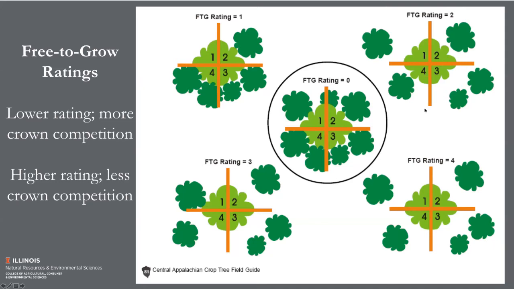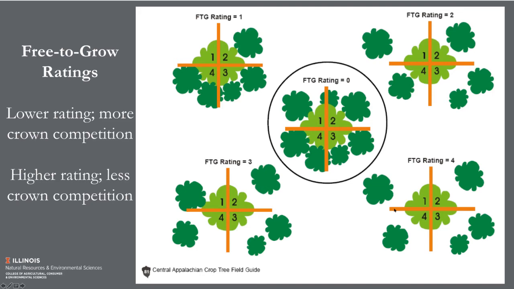In the upper right is a free to grow rating of 2. And that means that for that particular crop tree, we have to kill the trees in quadrant 2 and in quadrant 4. And it goes to basically a free to grow rating of 3. That means on 3 sides of the crown, we do not have direct competition, and we only have to remove 1 tree in quadrant 1 for this particular example.